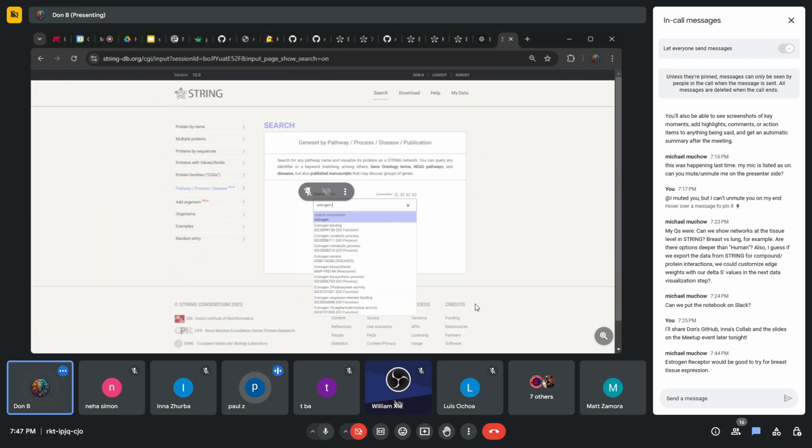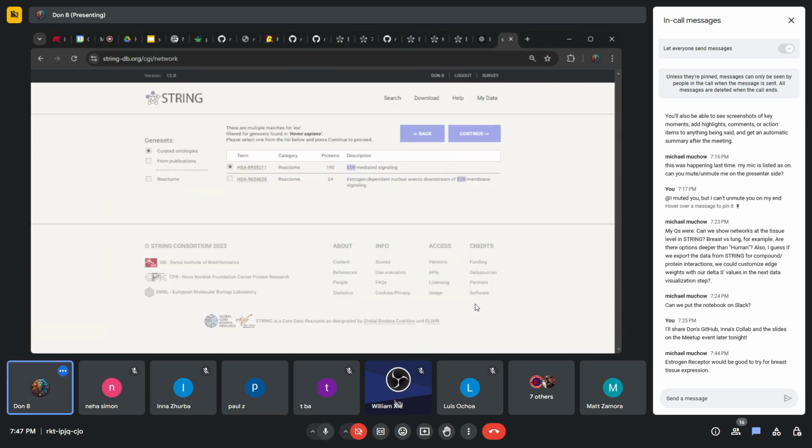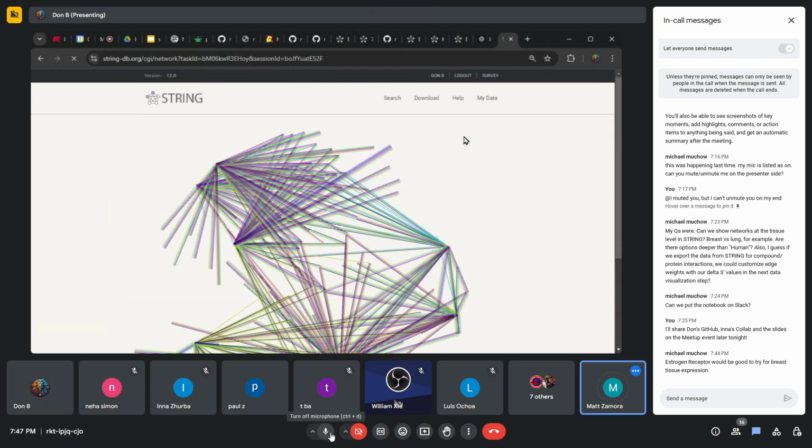The abbreviation for that is ESR. That's the name of the receptor. Okay. So this is a case where it's pulling from another data source. So ESR mediated signaling sounds appropriate? Yeah. Or is it the nuclear events? No, the first one.